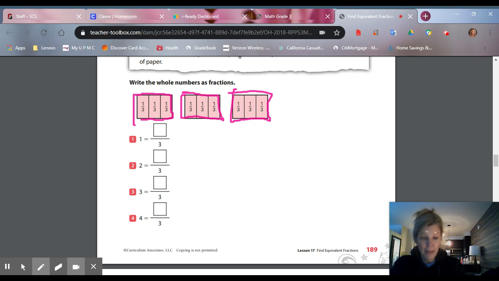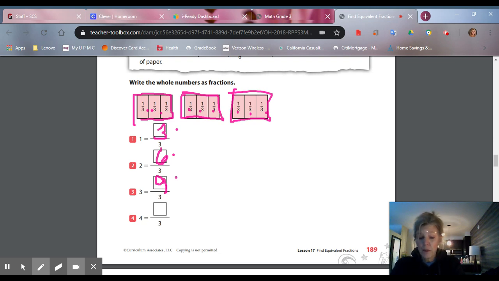You should be noticing a pattern now. 1 whole is 3 thirds. 2 wholes is 6/3. 3 wholes is going to be 1, 2, 3, 4, 5, 6, 7, 8, 9/3. Do you see a pattern? 3, 6, 9. You should.